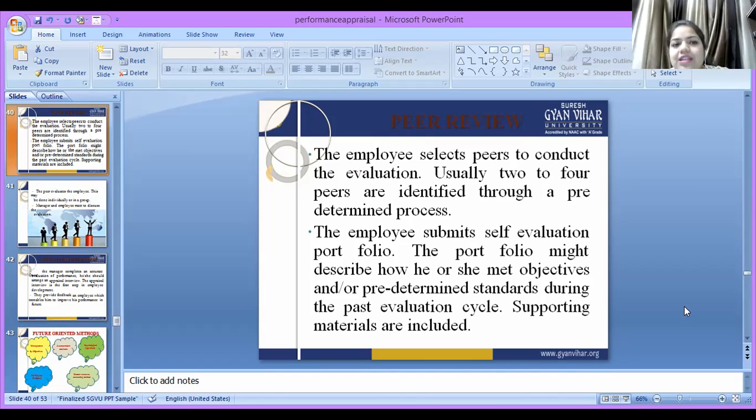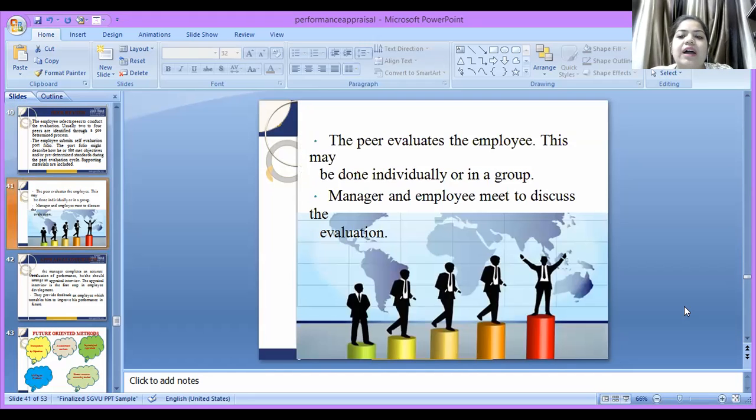That means they can easily compare against the predetermined standard during the past evaluation cycle. Supporting materials are included, so they can compare the past standard and the present time also. Peers evaluate the employee. This may be done individually or in a group; that is the choice. The manager and employee meet to discuss the evaluation. After that, they take the decision.